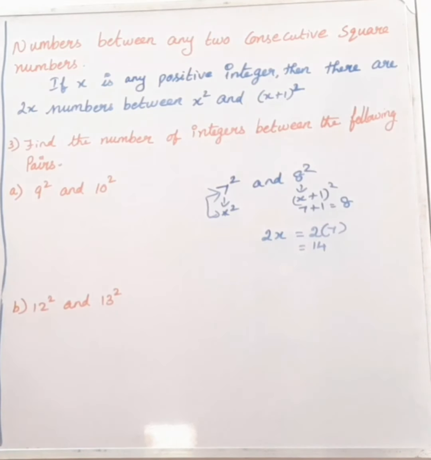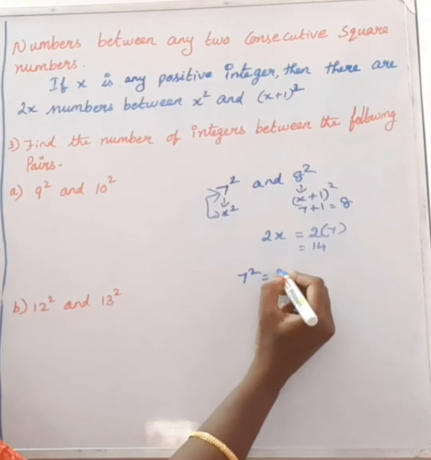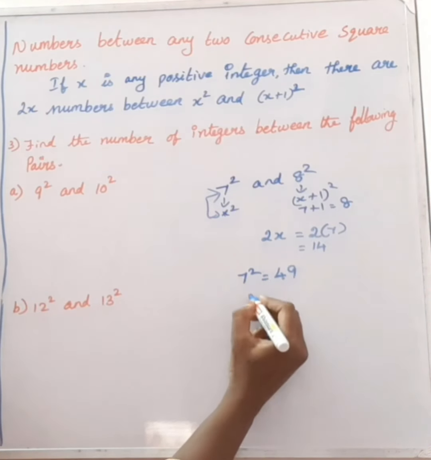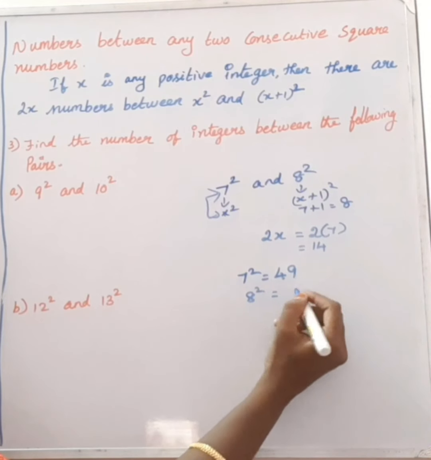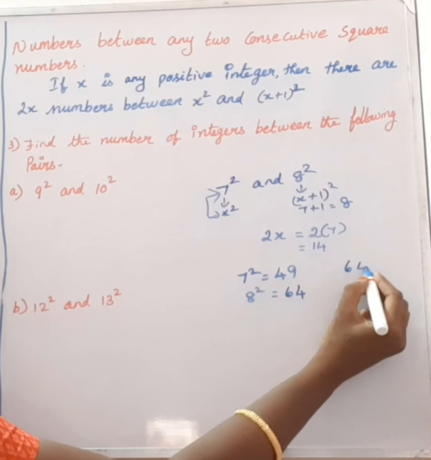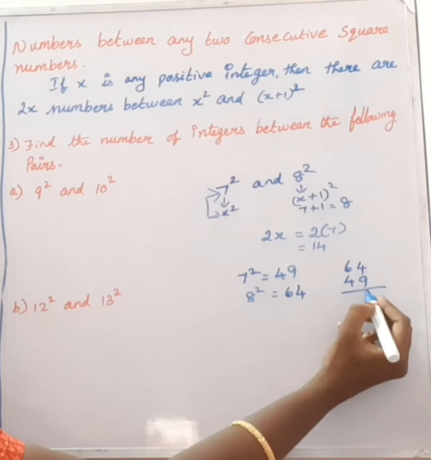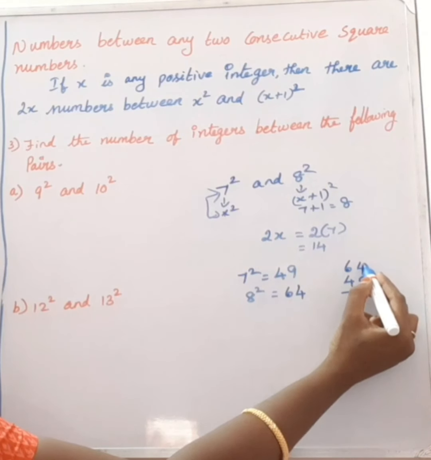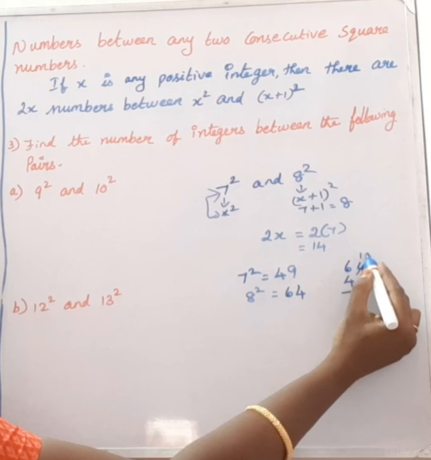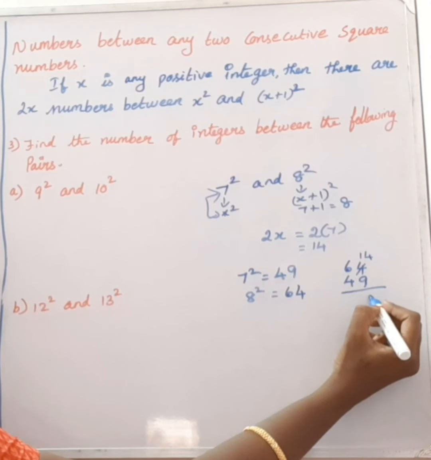Let us verify. What is the value of 7 square? 49. What is the value of 8 square? 64. So subtract: 64 minus 49.